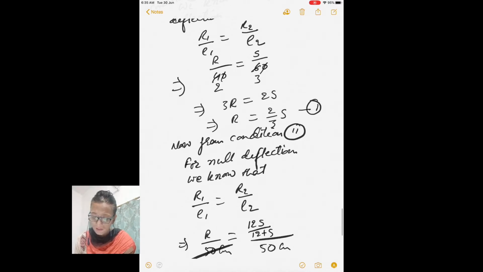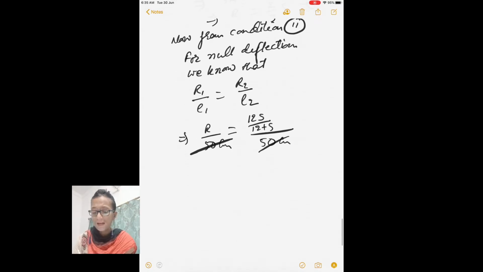These two centimeter lengths cancel. Therefore R comes equal to 12S upon 12 plus S.